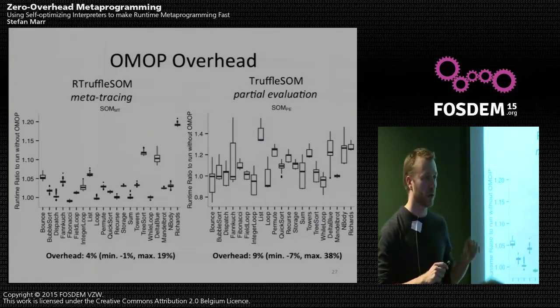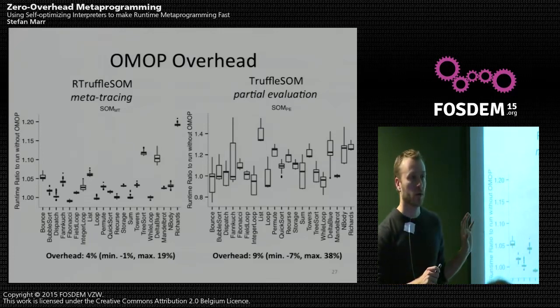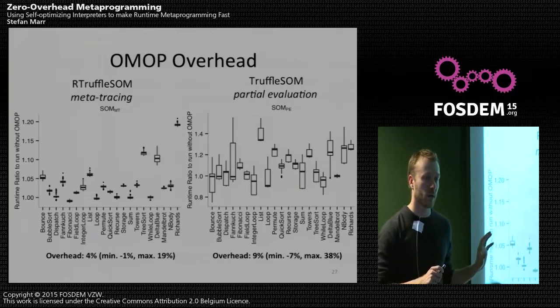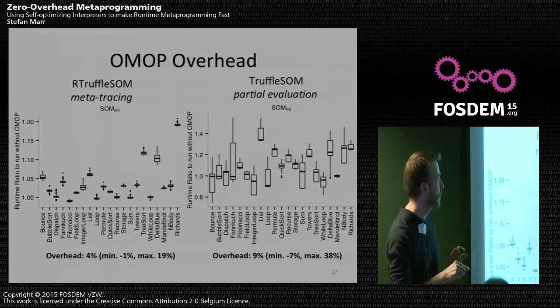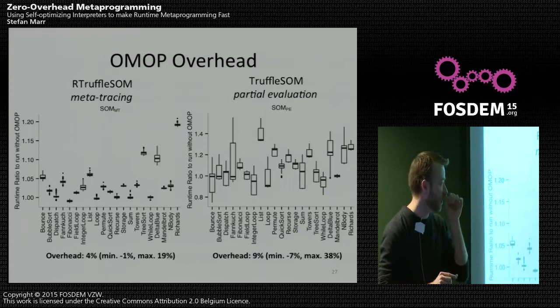The question was, if I put it into the system, do I actually see overhead in the end, and if so, how much? I tried it on both little Smalltalks, and in the end we see an overhead of about 4 or 9%, depending on the compilation technology.